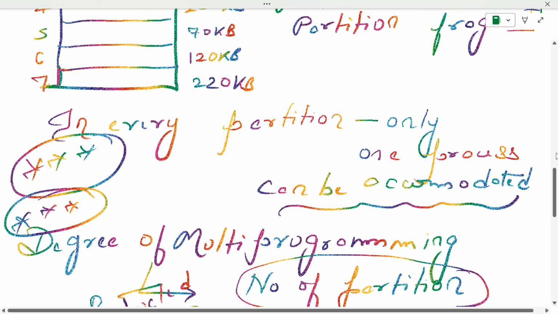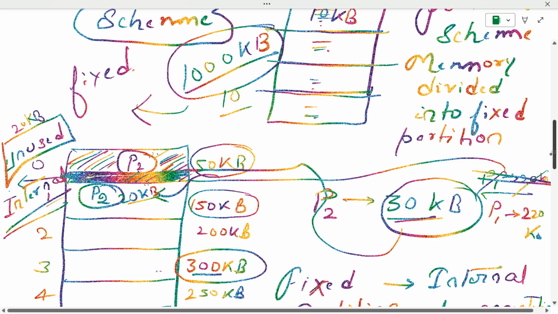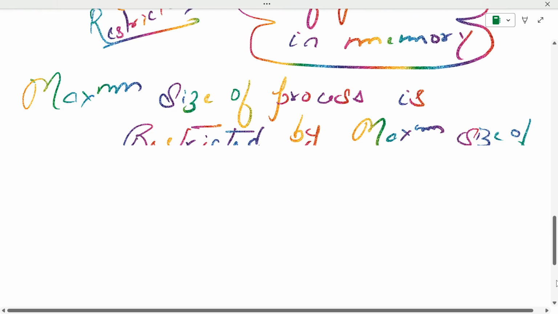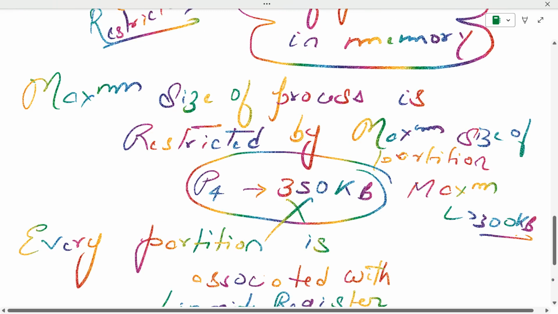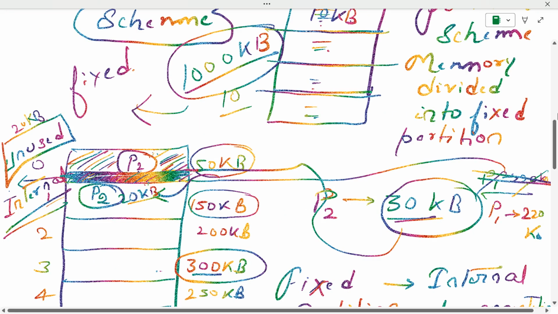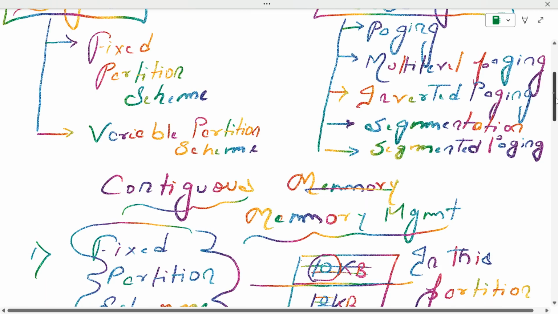And at most one process can be accommodated into each partition at one time. That is why the degree of multiprogramming gets restricted to the number of partitions in the memory, and the maximum size of the process is restricted by the maximum size of the partition, with each partition having a limit register denoting the upper and lower bound of the partition. So this is all about the fixed partition scheme.